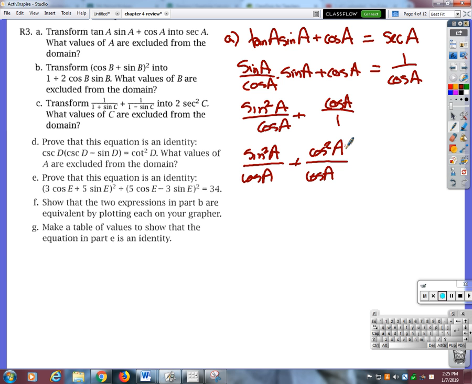What is sine squared? Is 1. So this really works out to be 1 over cosine. And that's what we want it to be equal to.